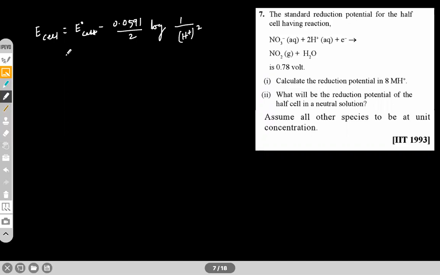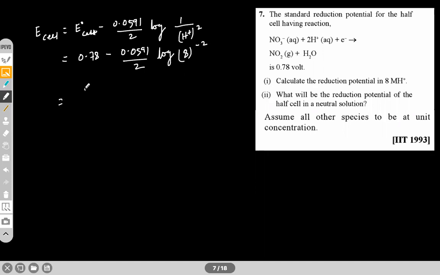Okay, so E naught cell is given, 0.78, minus 0.0591 by 2 log of H plus square, which is 8, right? So 8 to the power minus 2 we can write.